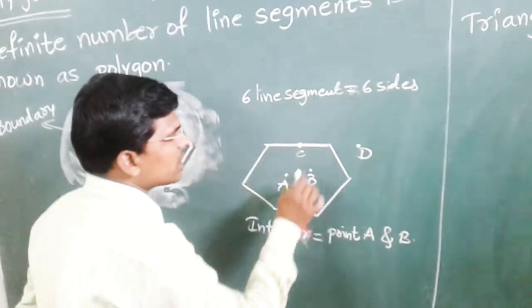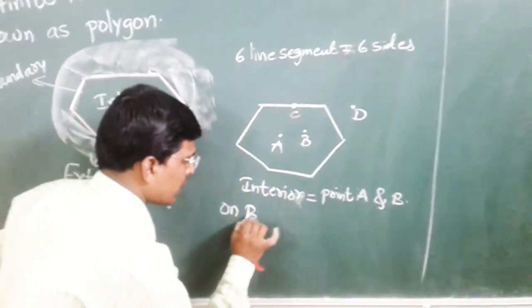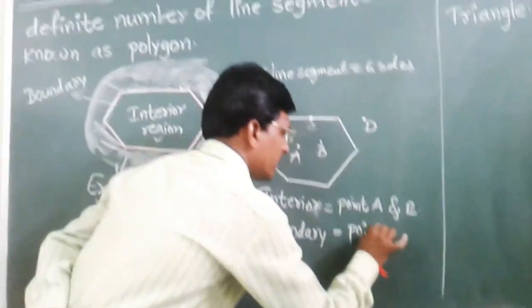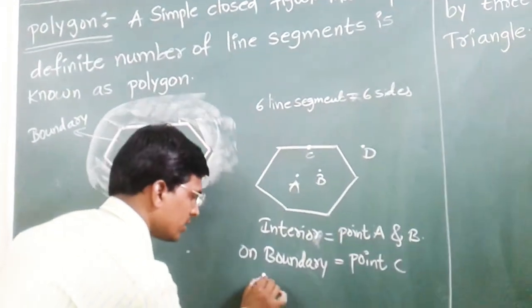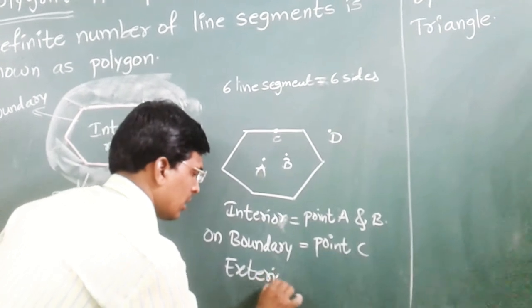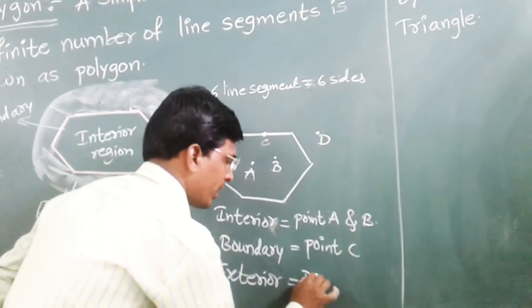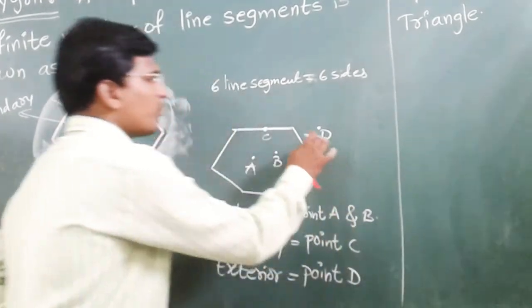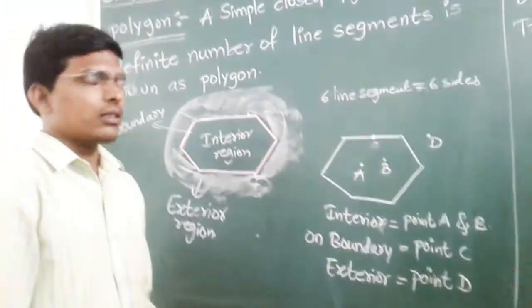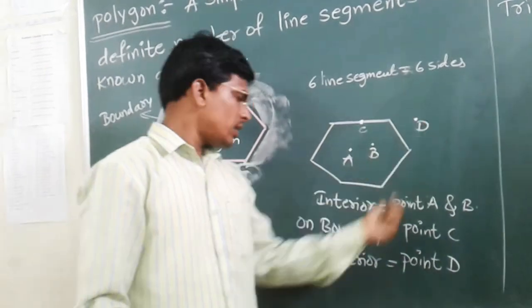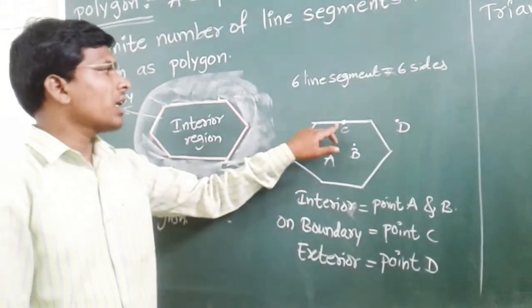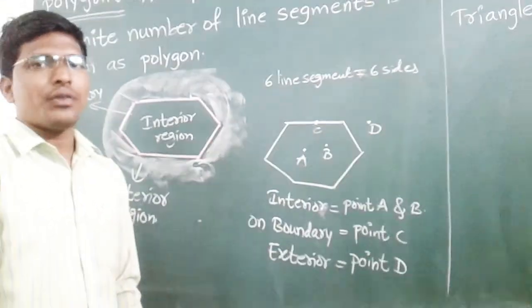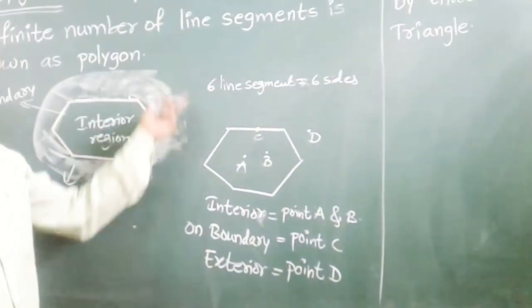Point C is on the boundary of the polygon. And in the exterior region we have point D. Point D is located outside of this polygon, so we can say point D is in the exterior region. Points A and B are both in the interior region, and point C is on the boundary of a polygon. So this is the polygon definition.